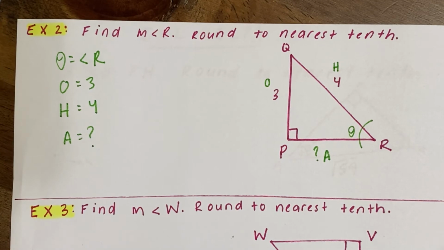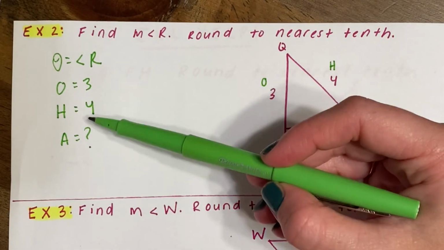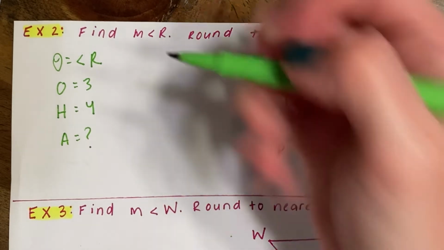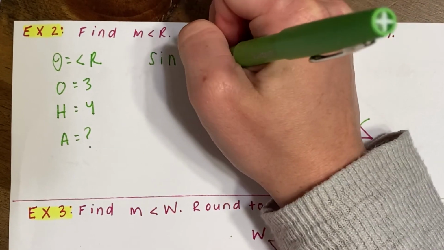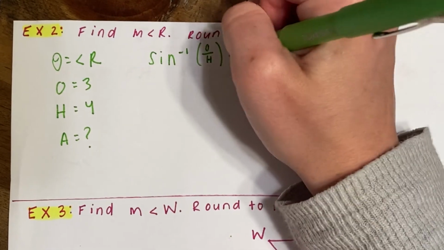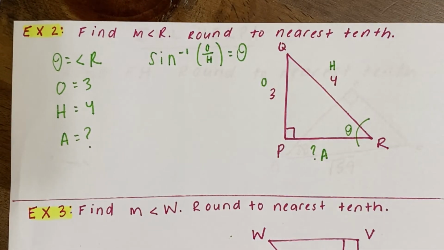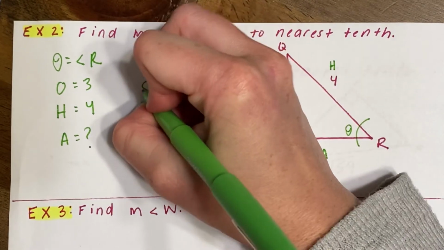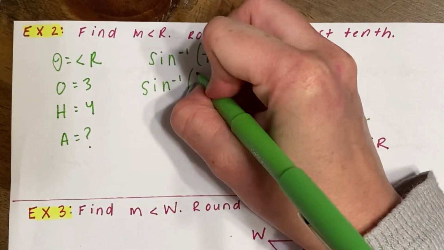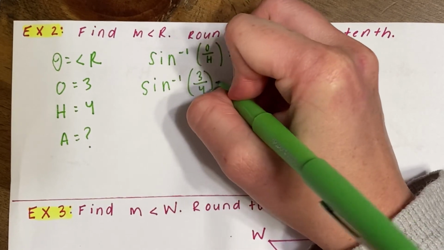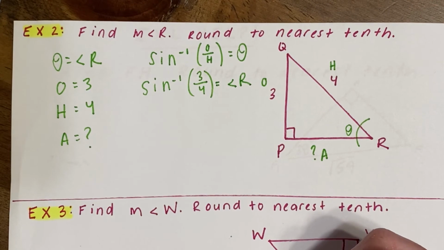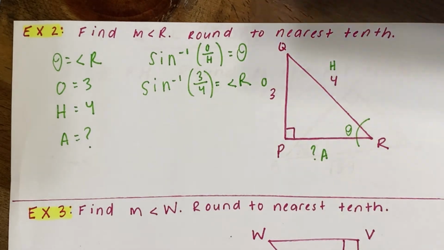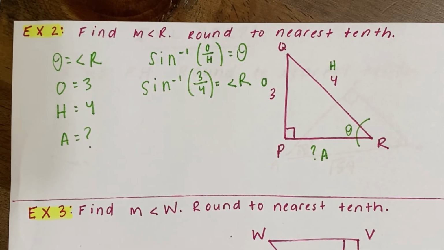So again, think about what you're given. What ratio uses O and H? And I know that's sine. So I'm going to set up my inverse equation for sine. And then I'm going to plug in what I know from this picture. Okay, so I've got inverse sine of 3 divided by 4 equals the measure of angle R. Okay, all right, so I'm going to go over to my computer.